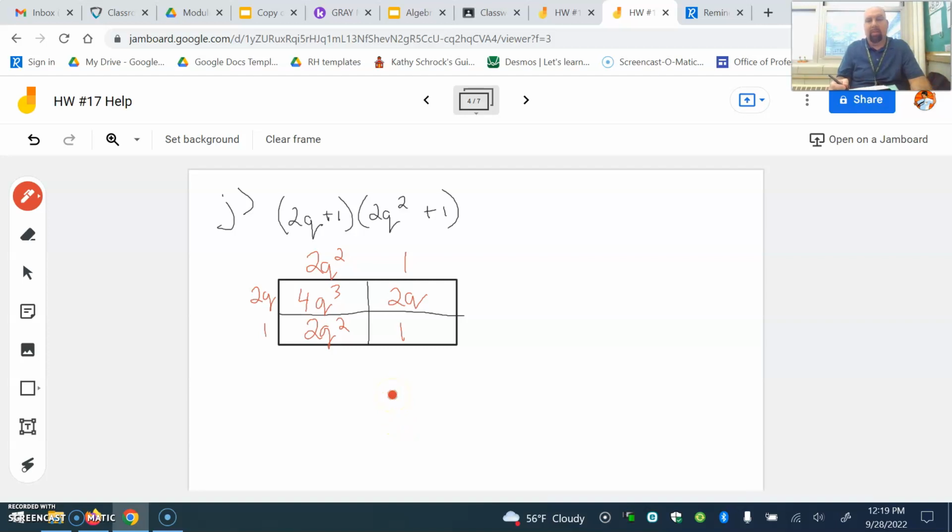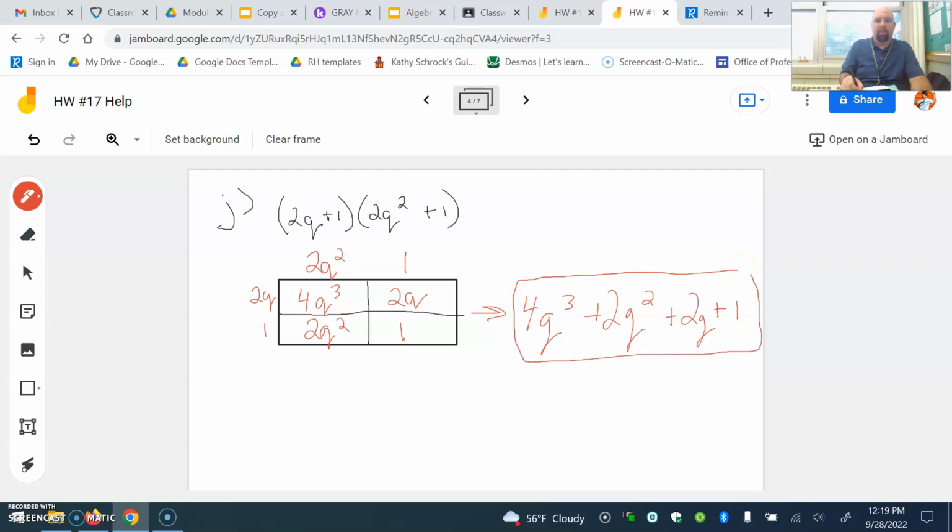Do I have any like terms? No, I do not. So in standard form, 4q cubed plus, I know, terrible, 2q squared plus 2q plus 1. So we have a 4-term polynomial.